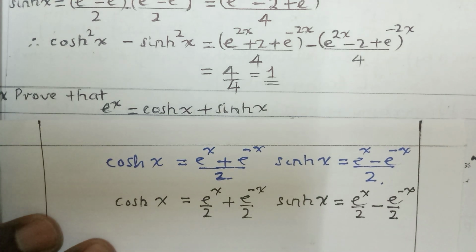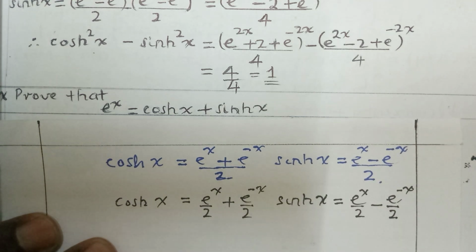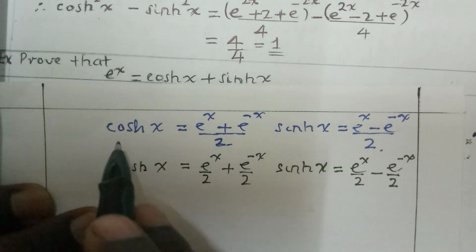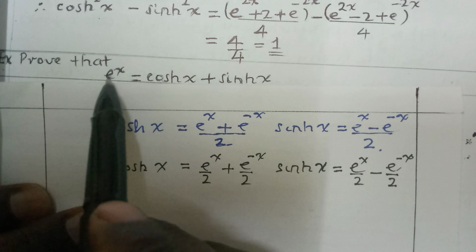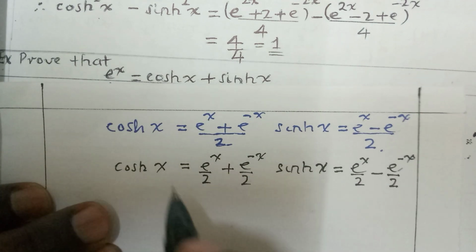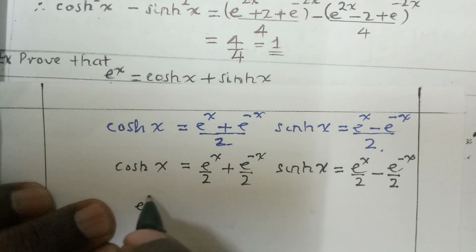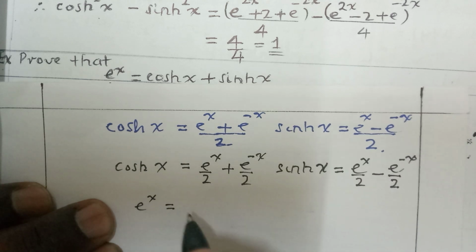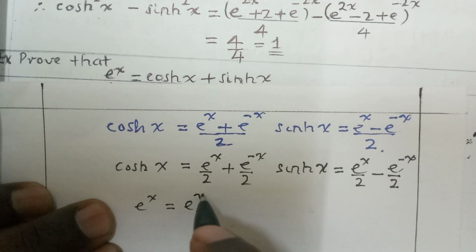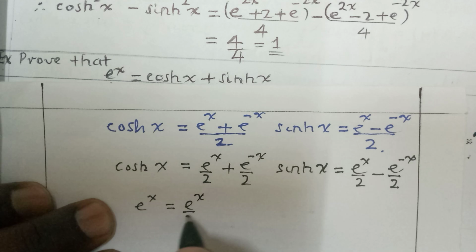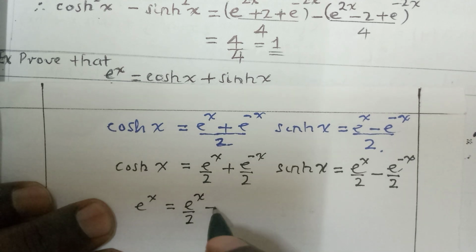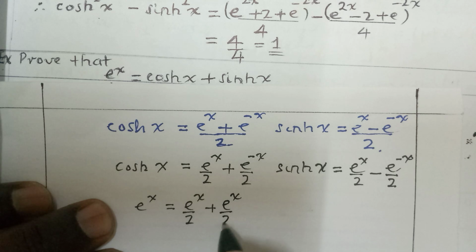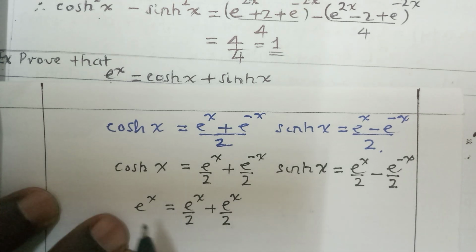Then we can say this e raised to x can be written as e raised to x over 2 plus e raised to x over 2, like that.